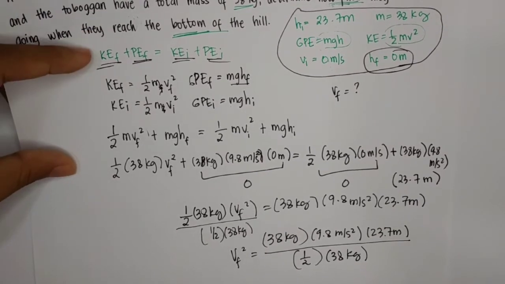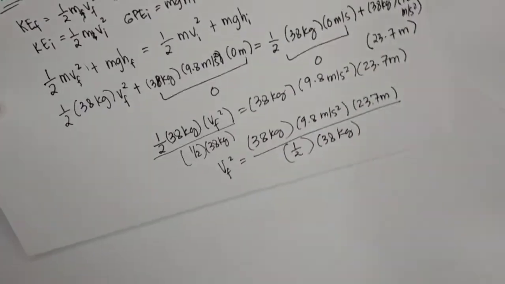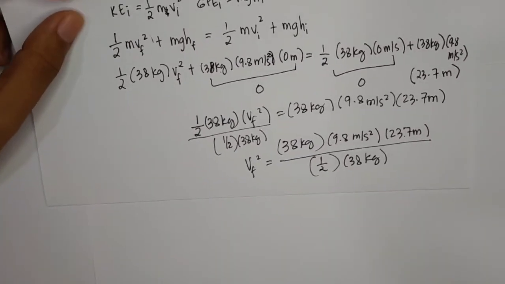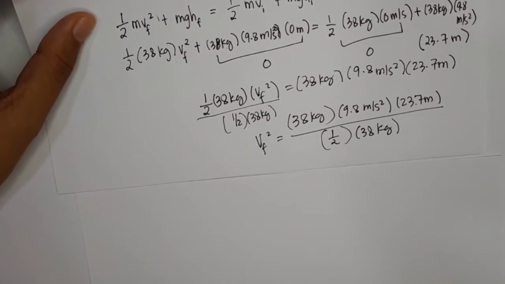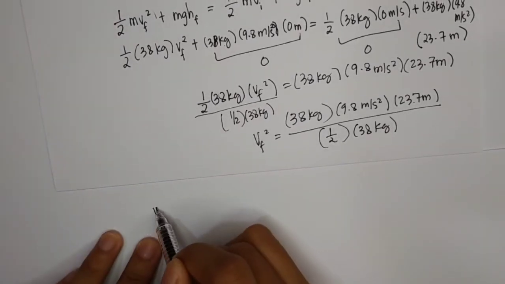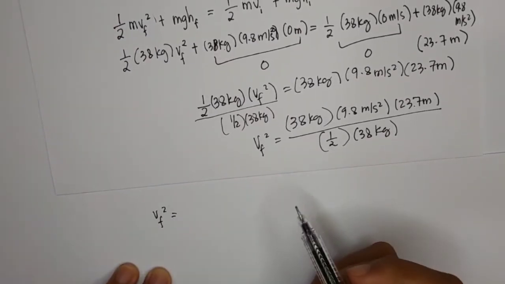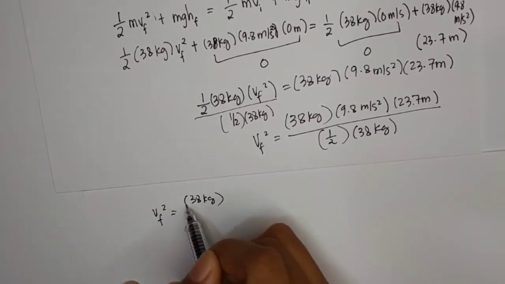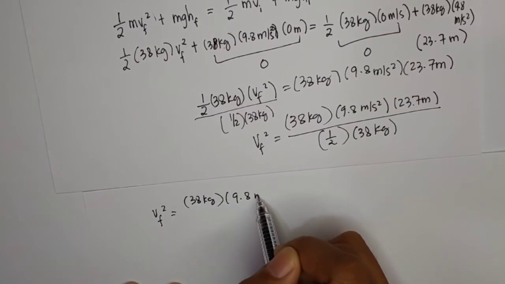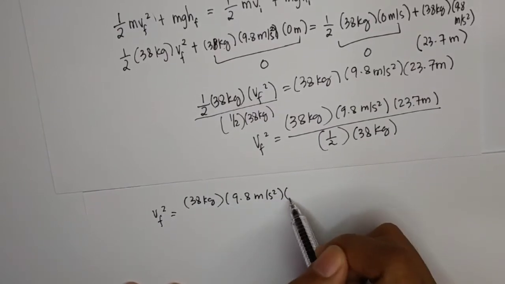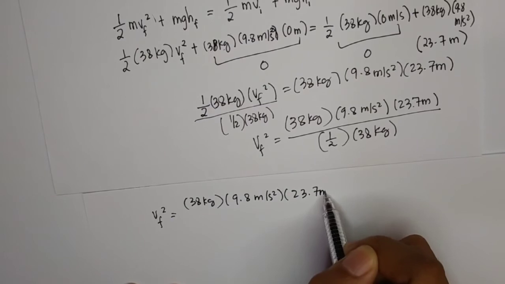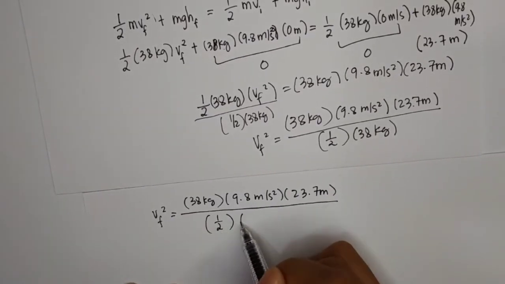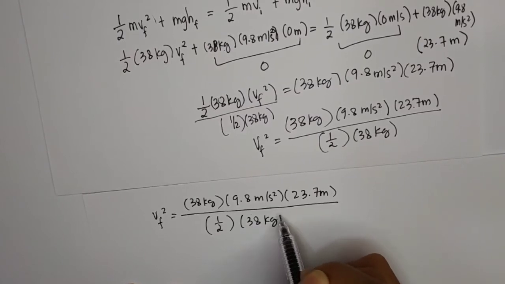Okay, so ano yung magiging sagot natin? Let's have another paper. Continuation. So again we have here v squared final, that is 38 kilograms times 9.8 meters per second squared times 23.7 meters all over 1/2 times 38 kilograms.